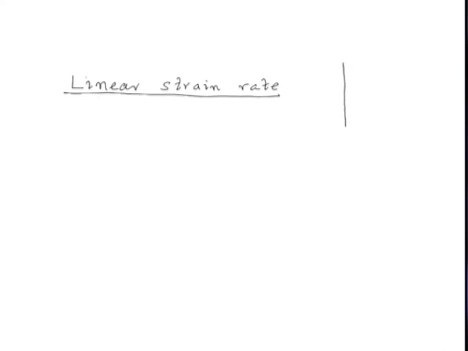Suppose we have chosen our Cartesian reference frame x1, x2 and x3. Our velocity field is given by V as a function of x and t.